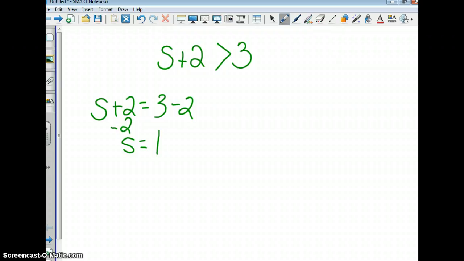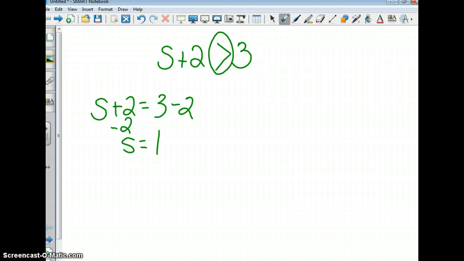I'm showing the class that if it's hard for you to interpret or to look at this problem as an inequality, change it to an equal sign, solve it, then make sure you go back to your inequality sign. During this step of the process, this is just an equal sign. I'm making quotes to show you that you can understand it as an equal sign if that helps you solve the problem.